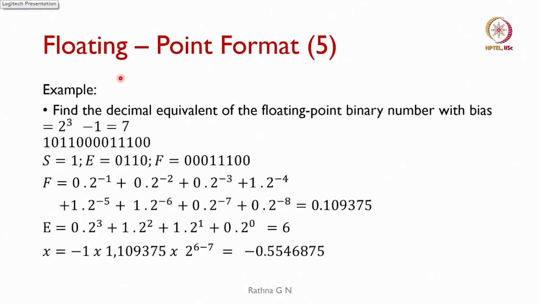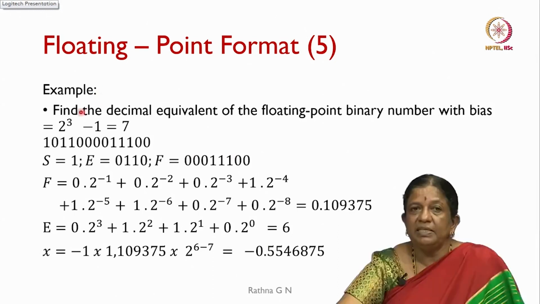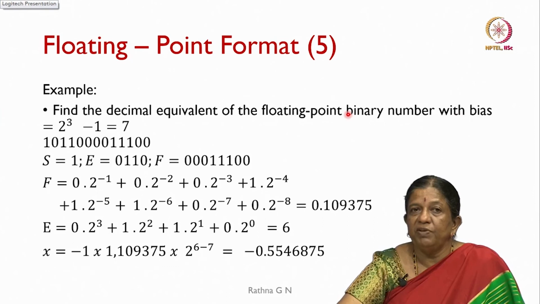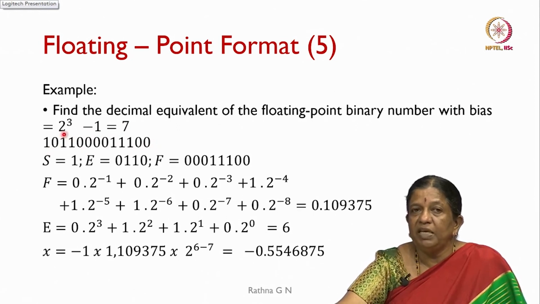As an example, let us see how we represent this. Find the decimal equivalent of the floating point binary number with bias 2 power 3 minus 1, which is 7. This is the number given in binary format. The sign bit is 1 in this case and the bias is given as 7.